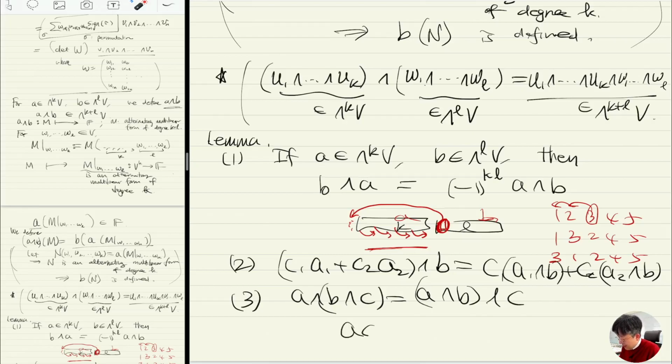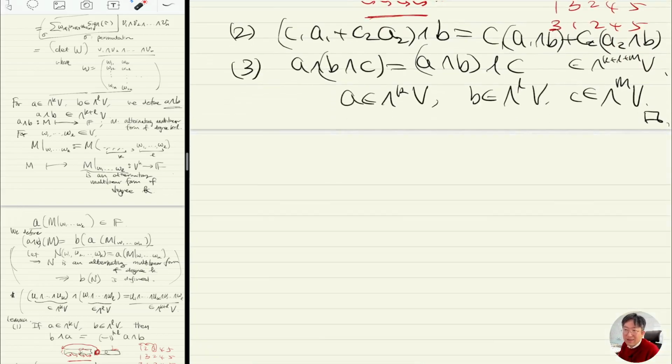So here A is in the K-th exterior power, B is in the L-th exterior power, and C is in, let's say, the M-th exterior power. All these things are easy because you can think of the evaluation, so this is in the (K plus L plus M)-th exterior power. You can think of the evaluation of the alternating multilinear form of degree K plus L plus M, where some arguments are restricted.